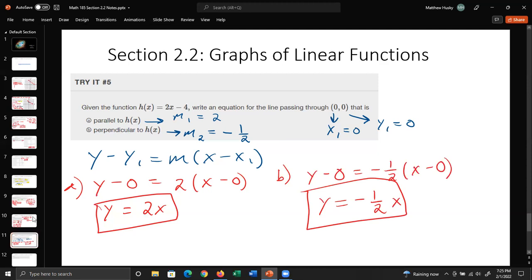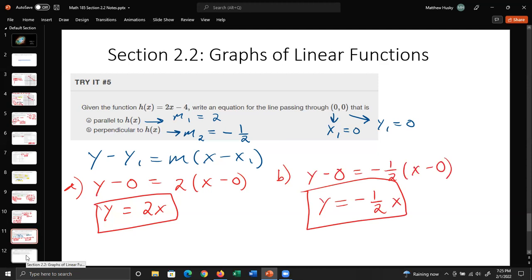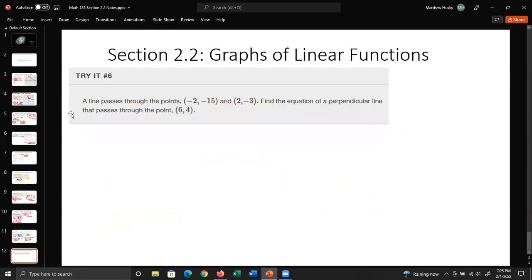Okay, and it looks like we got one left. A line passes through the points (-2, -15) and (2, -3). Find the equation of a perpendicular line that passes through (6, 4). So we want something perpendicular. We have a point that tells me x1 is 6 and y1 is 4.